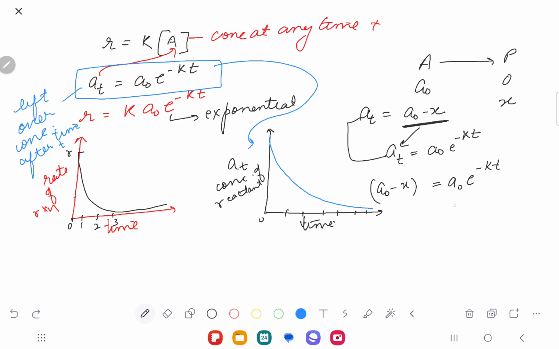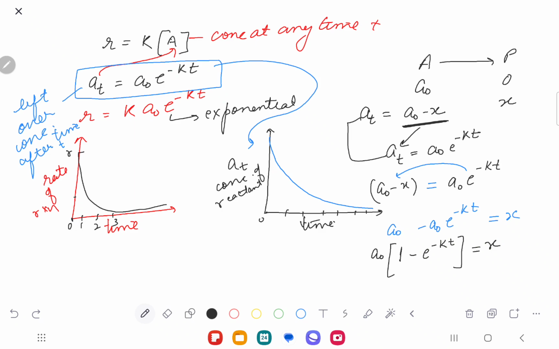So it would be what? Just tell me. It would be A naught, bring this here, minus A naught e raised to power minus kt shall be x. So if I bring down A naught here, it would be 1 minus e raised to power minus kt shall be x.